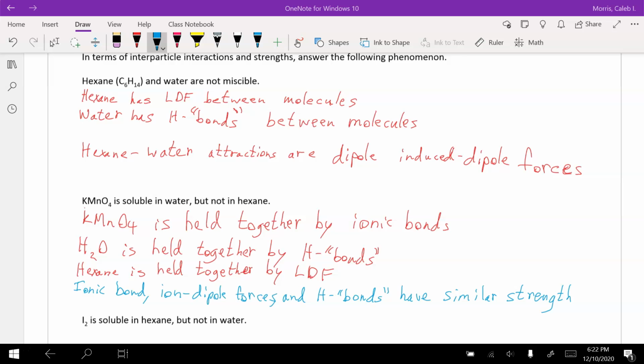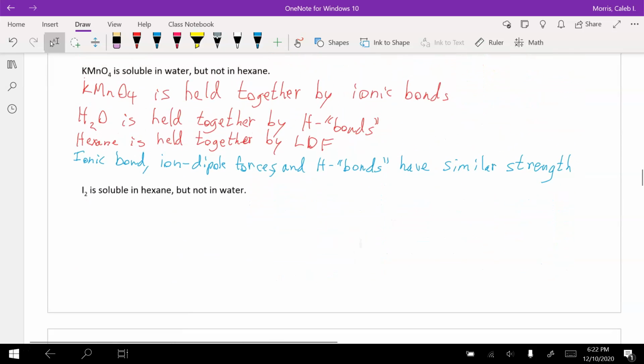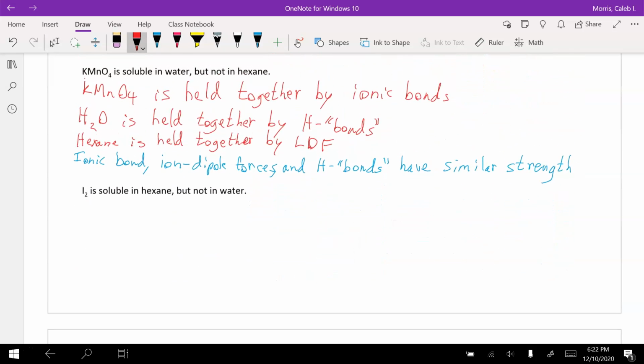All right, and then we see I2 is soluble in hexane but not in water. Well, we can see that I2 is nonpolar and hexane is nonpolar, but water is very polar. In fact, it forms hydrogen bonds with itself.